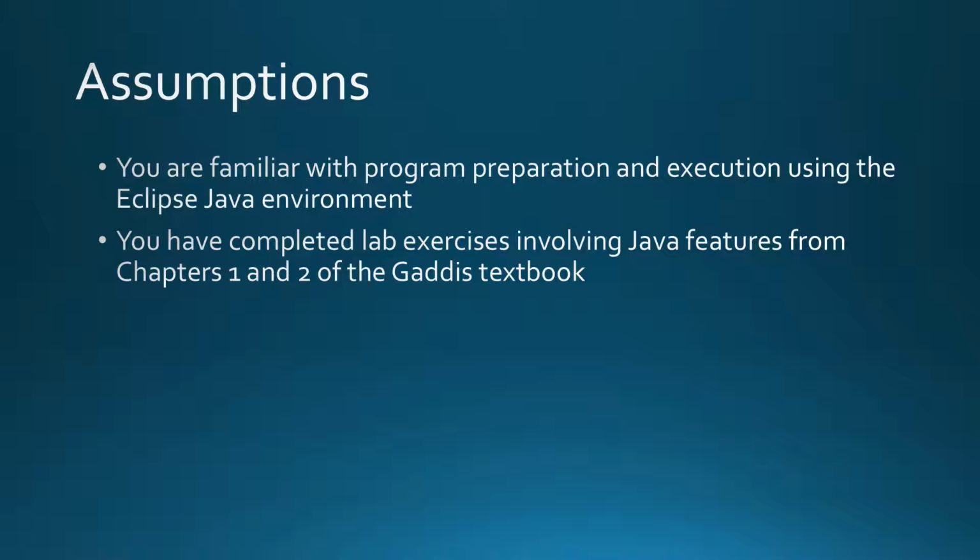You should be familiar with the assignment statement, including arithmetic expressions involving plus, minus, times, divide. You need to know about operator precedence, the order of evaluation. You should be familiar with methods of the Math class, also with the data types int and double, as well as the String class.